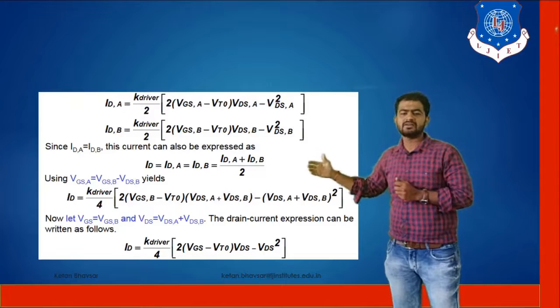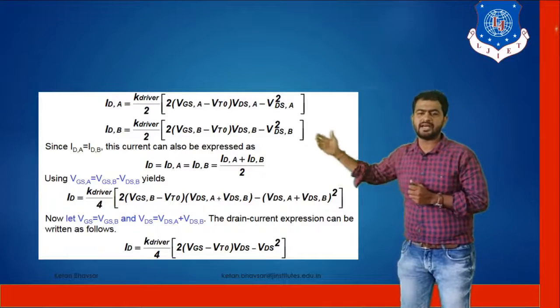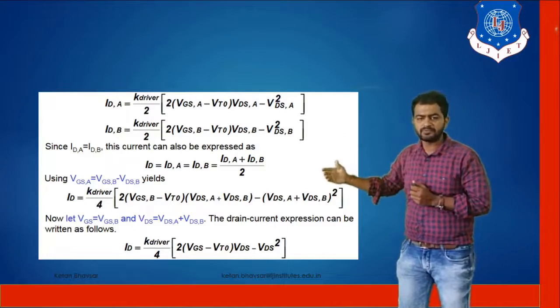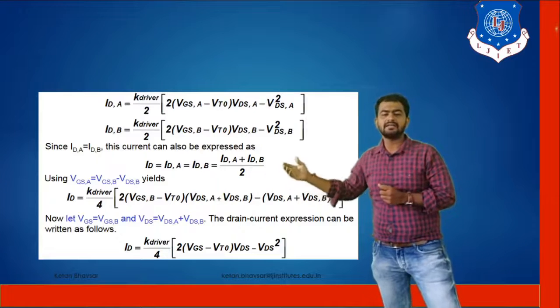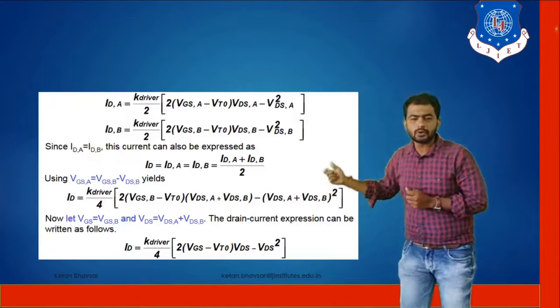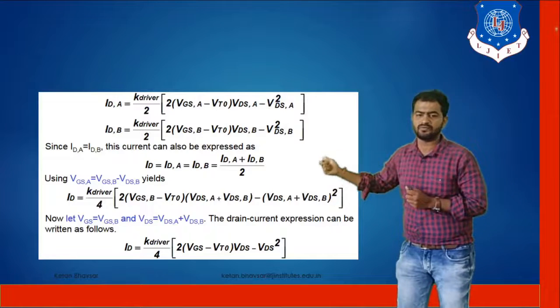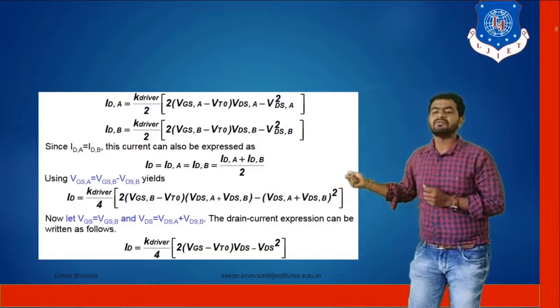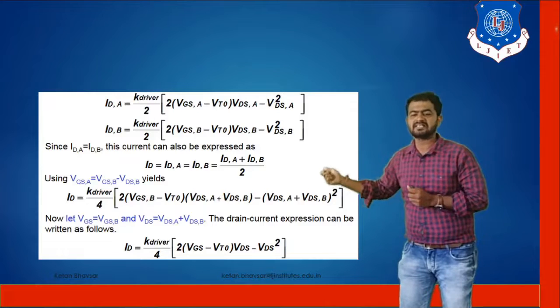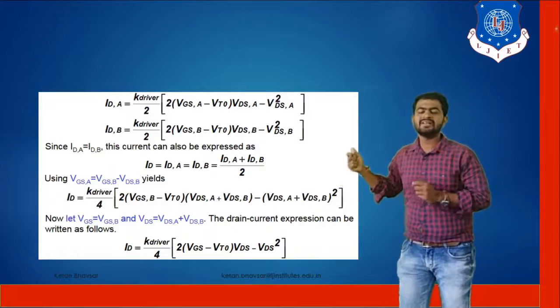Now ID is equal to IDA is equal to IDB, which is (IDA plus IDB) divided by 2. So ID is K driver divided by 4 into [2 into (VGS − VTO) into (VDS A plus VDS B) minus (VDS A plus VDS B) whole square].